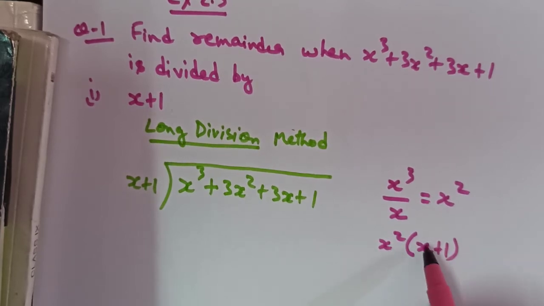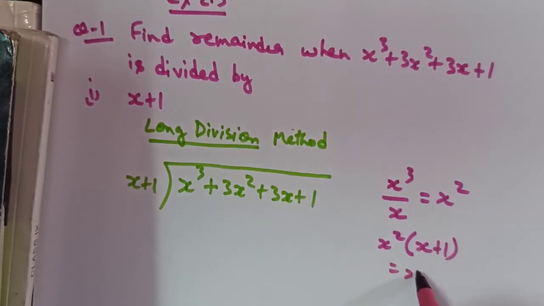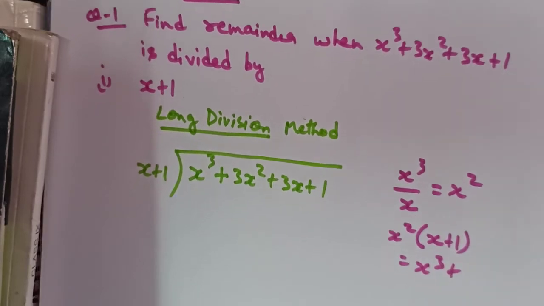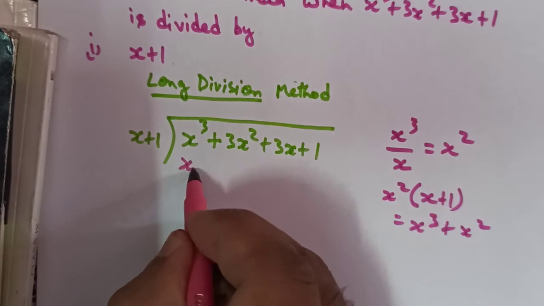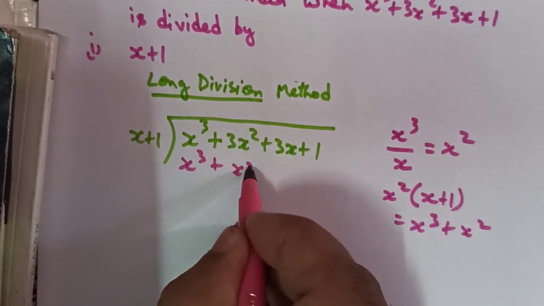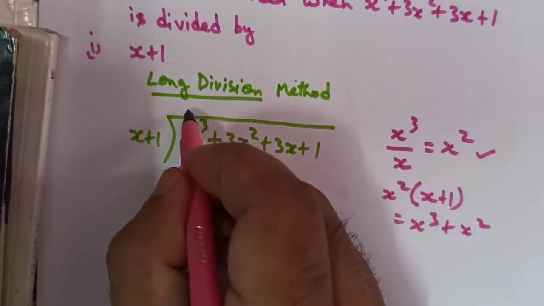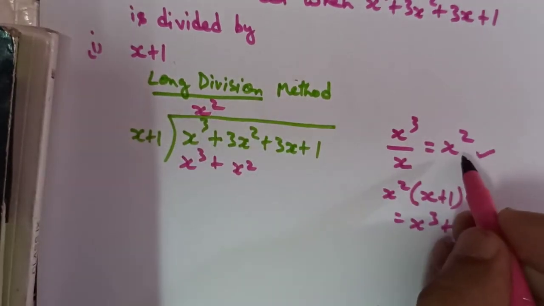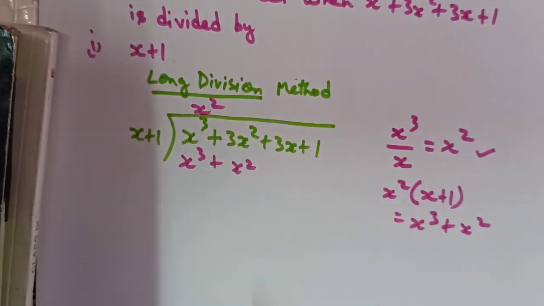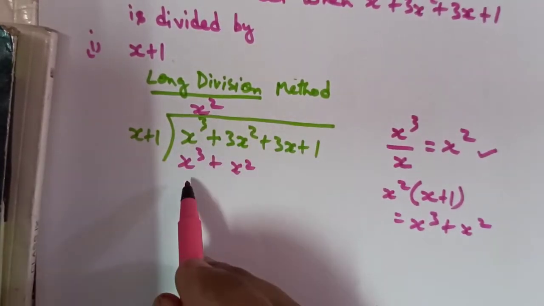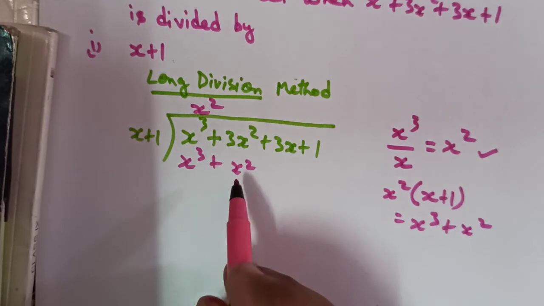So x square times x will be x cube, plus x square times 1 will be x square. So here I write x cube plus x square, and this x square is the first term of the quotient polynomial.